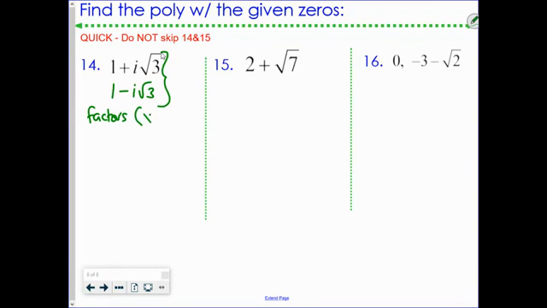And your factor is going to be x minus the 0 that you've written. So my polynomial on this one is going to be x minus that first one, which would be minus 1, distribute that, minus i root 3. And then x minus 1, distribute that, that would become plus, minus 1 plus i root 3.